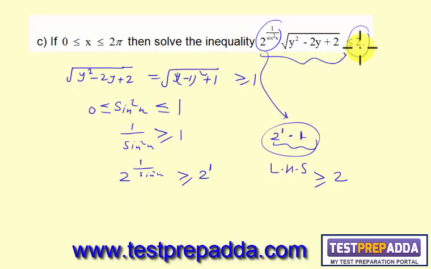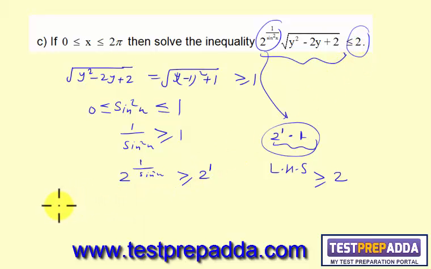With our calculation, this LHS is coming greater than or equal to 2, but given is RHS less than or equal to 2. So the only possibility is the equality sign. That is why the only possibility here is the equality sign.